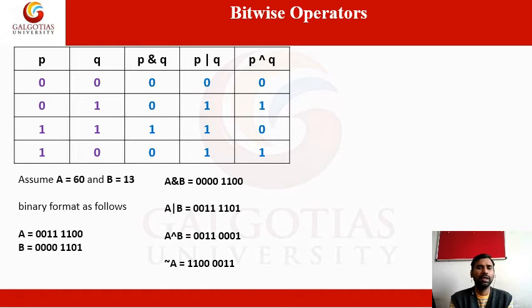Look at this, 6. What is the equivalent form of 6? 0 1 1 0. Sorry. Next is the case of 13, which is B, 1 1 0 1. This is the equivalent format. So the binary equivalent of 60 and 13 is 0 0 1 1 1 1 0 0 and 0 0 0 0 1 1 0 1. This is the hexadecimal value of this one.